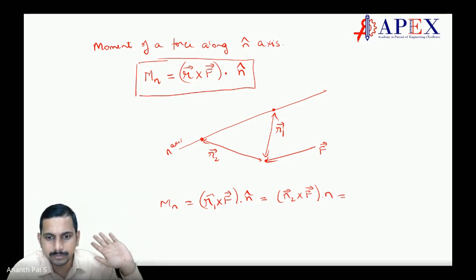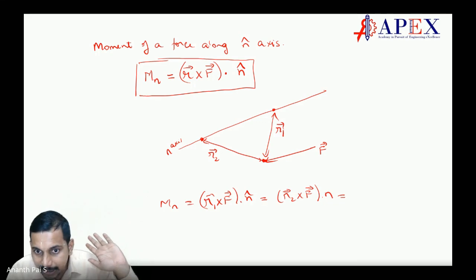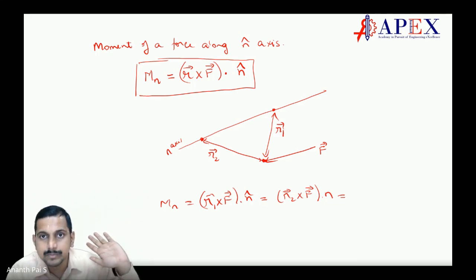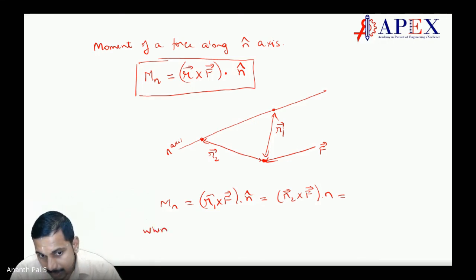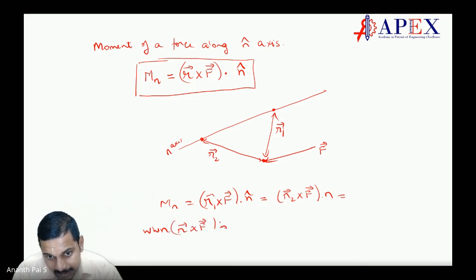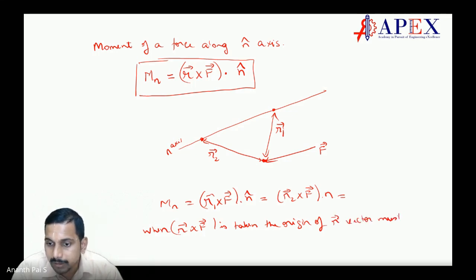Got the point? So the force is acting over here. These are R's. The only thing is that when R cross F is taken, the origin of the R vector must be on the n axis.